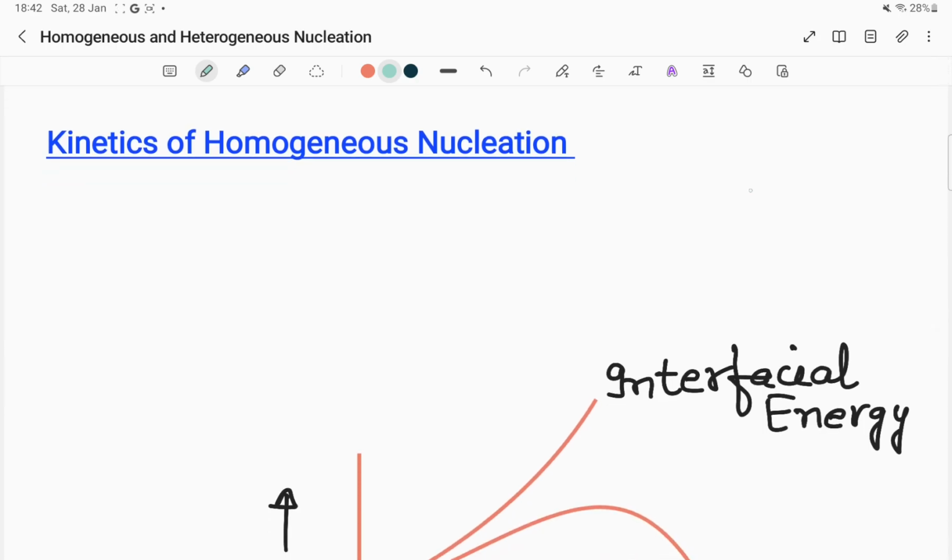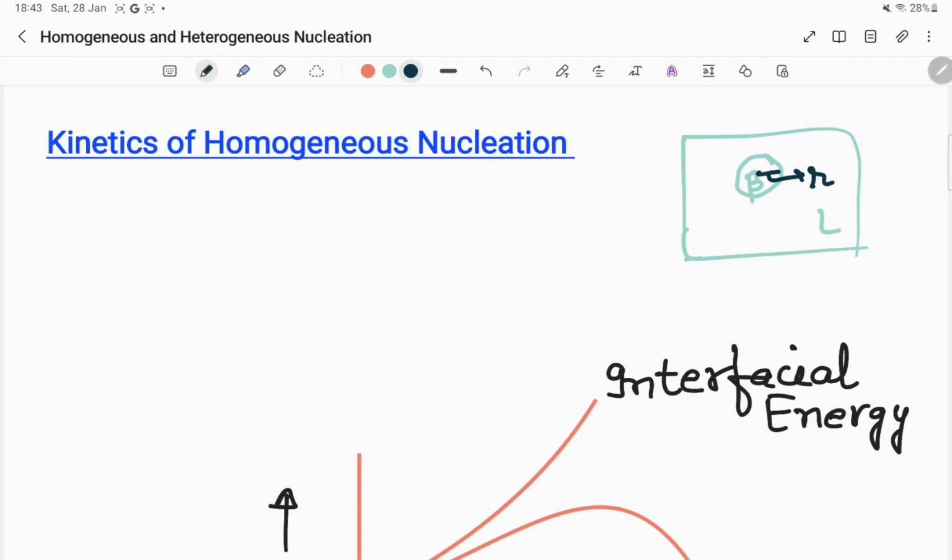So if we consider a particle nucleated in a liquid volume, like this is the entire liquid and this is the particle generated, we are considering a spherical particle. So this is the beta particle with the radius r. This is the r radius particle nucleated in the liquid volume.